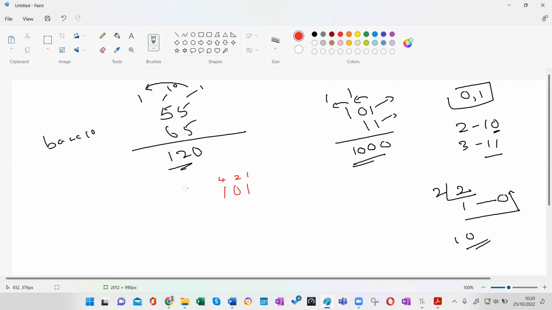All these values are powers of 2. 1, 2, 4, 8, 16, 32, 64, 128, like that. Up to 128 is fine, because we deal with 8 bits in this exam. So we have 1, 4, we have 1, there are no 2's, so the answer is 5. So 101 is denary 5.